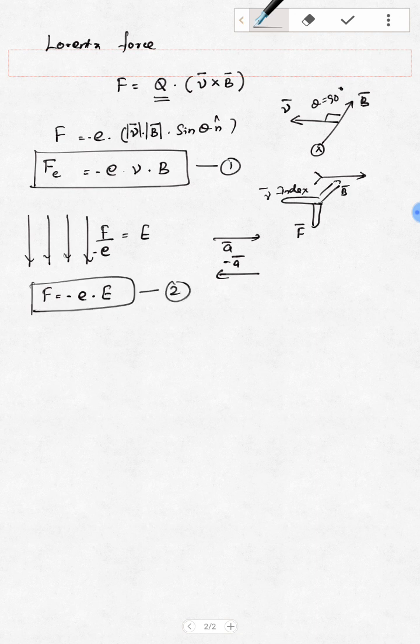As I already discussed previously, this electric field I can relate with a gravitational force. Any particle having mass will be moved by the gravitational force.